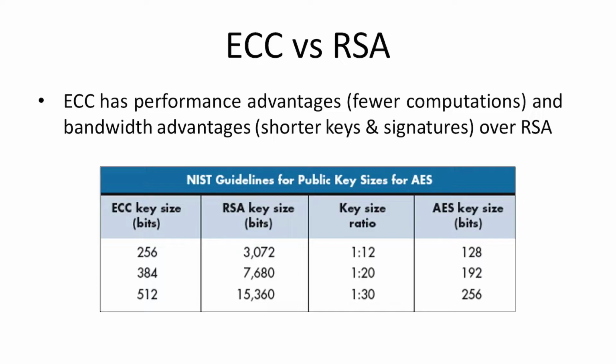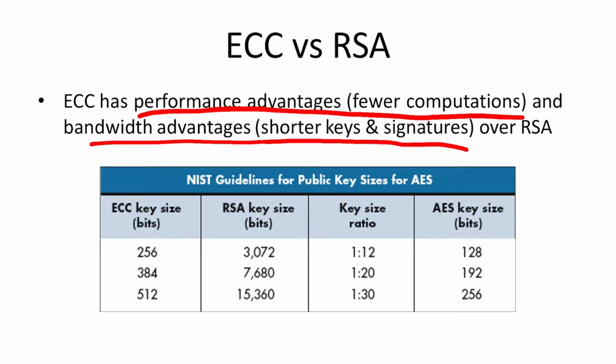So why is elliptic curve cryptography becoming popular? Well, because it offers performance advantages, which means that it needs fewer computations, and bandwidth advantages, which means it needs shorter keys and signatures over the traditional RSA. So we can use shorter keys and signatures to achieve the same security with less bandwidth requirement as RSA would provide with a large key.